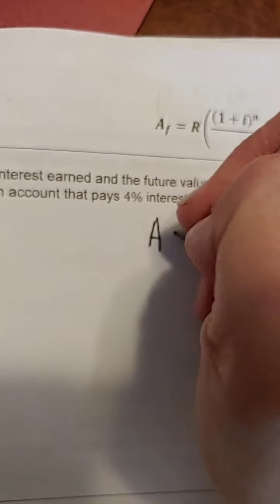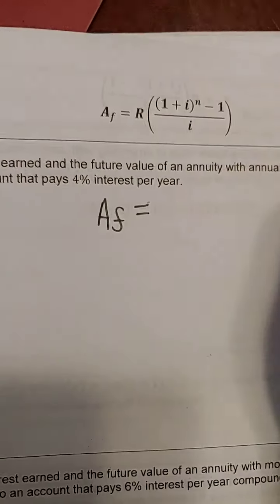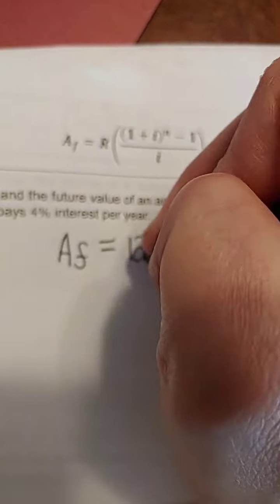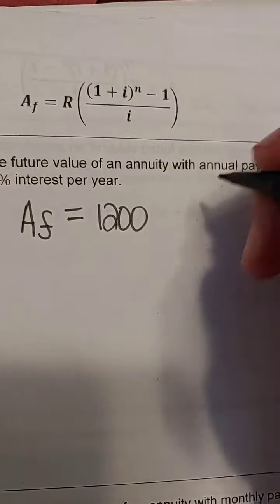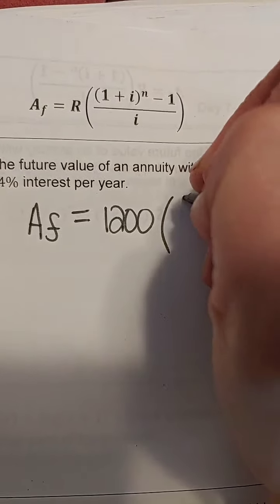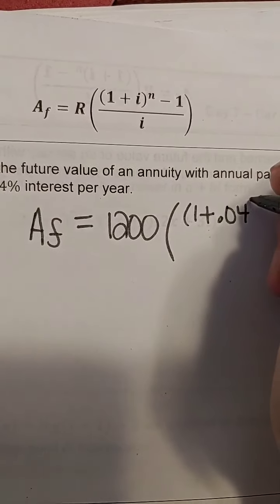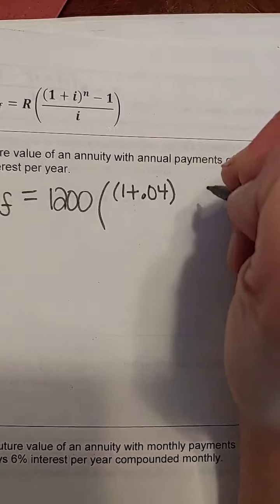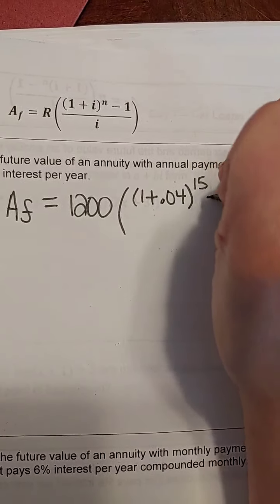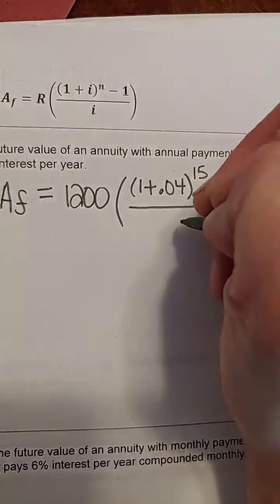All right, so our final annuity value is going to be our $1,200 with our interest rate of 4% with 15 total payments into that annuity.